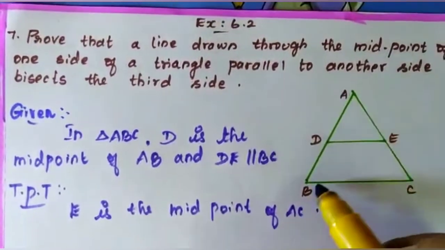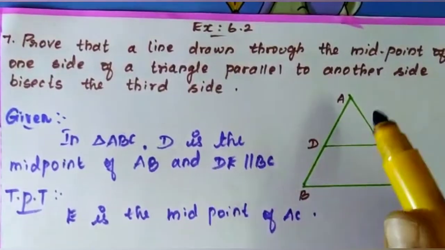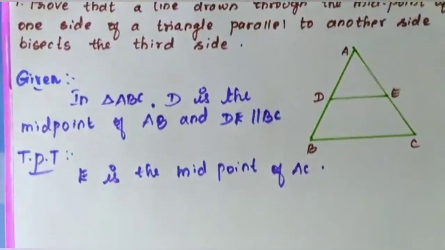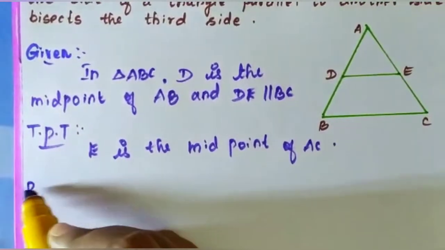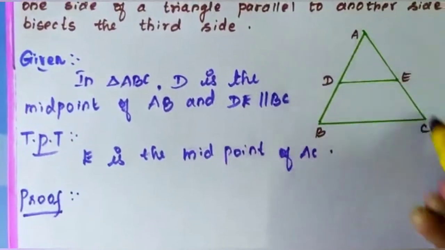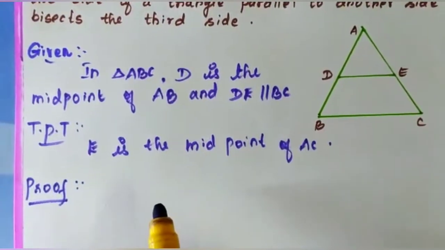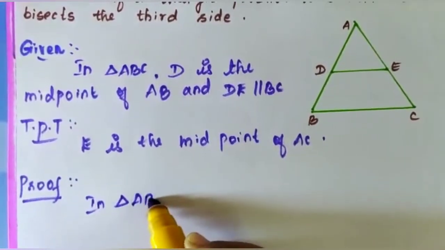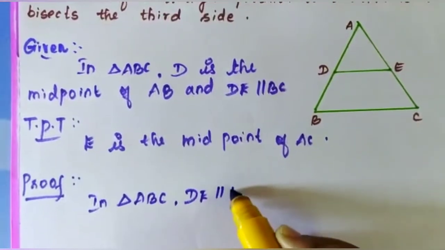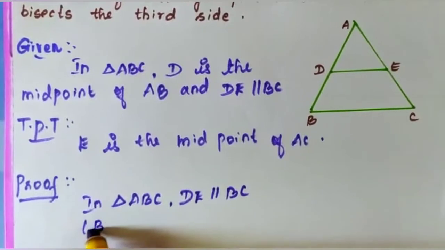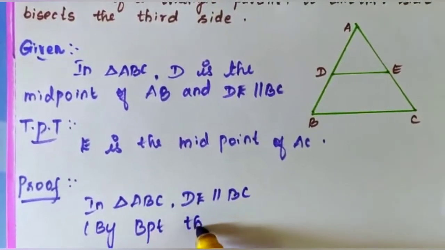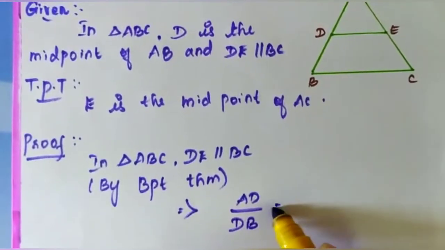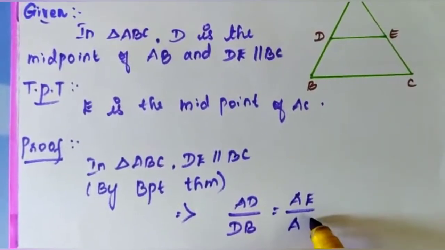So I can take the full triangle ABC and, by the BPT theorem, I can tell that AD divided by DB is equal to AE divided by EC. In triangle ABC, DE is parallel to BC, so by BPT theorem, AD divided by DB is equal to AE divided by EC.